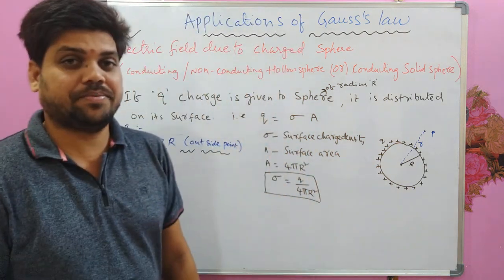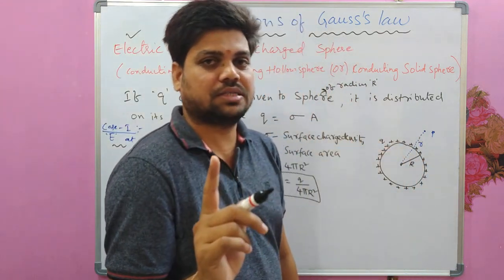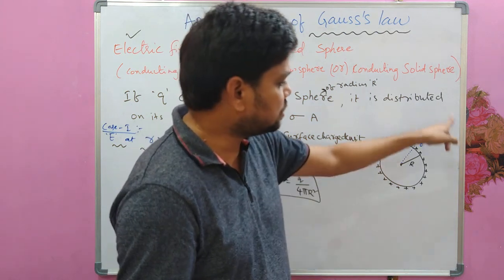What is the second step? Draw a Gaussian surface, a closed surface passing through this point.